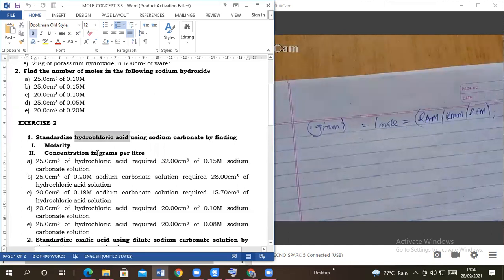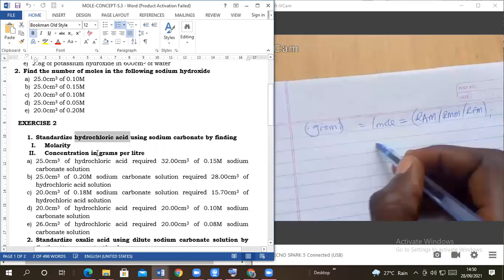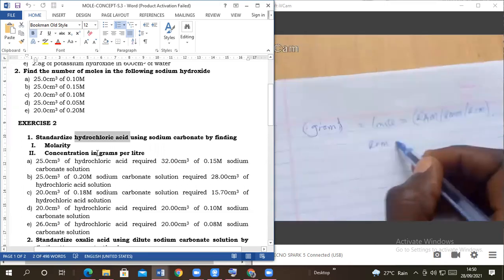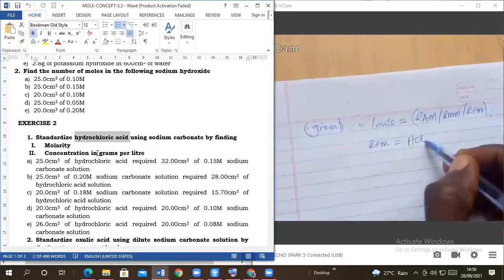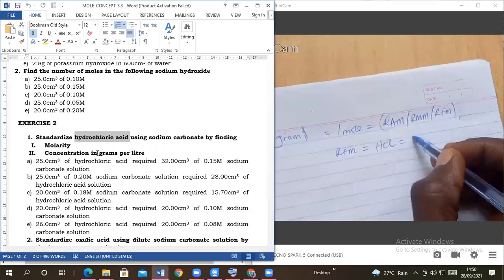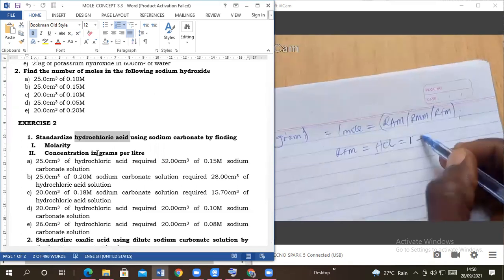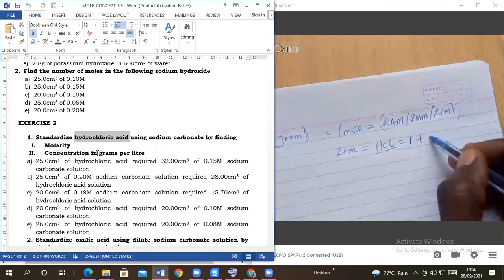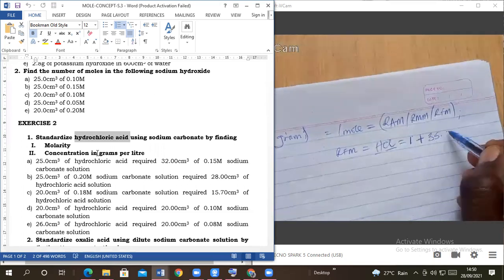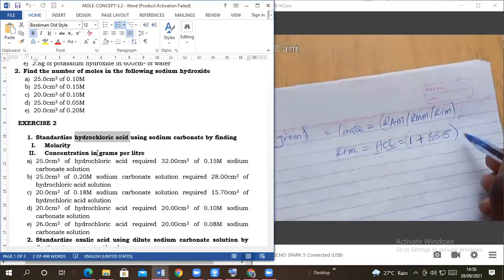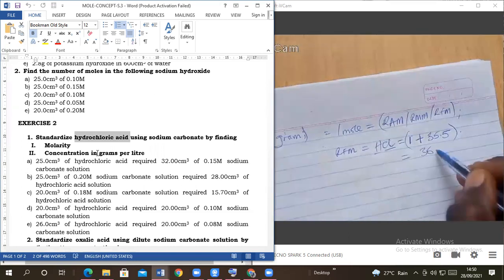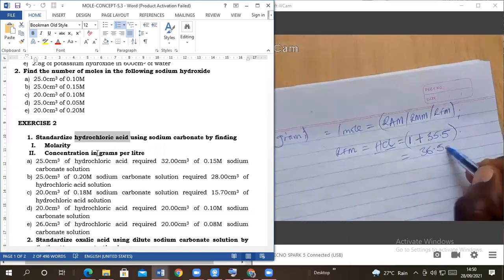So what you do is you get the relative formula mass of the acid. Acid is HCl. Its relative formula mass is going to be hydrogen is 1 plus chlorine. What is the value of chlorine? 35.5. So the answer is 36.5. That is the relative formula mass.